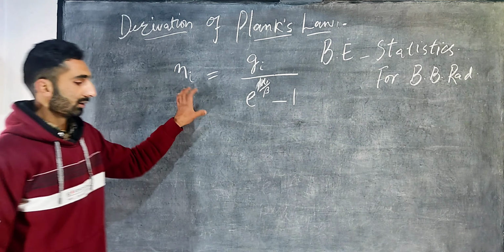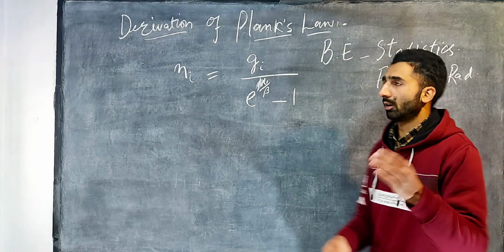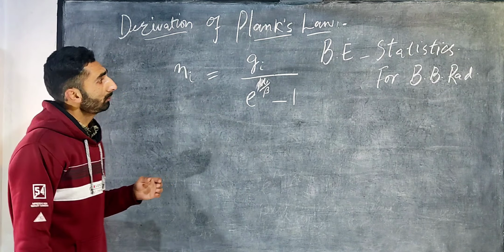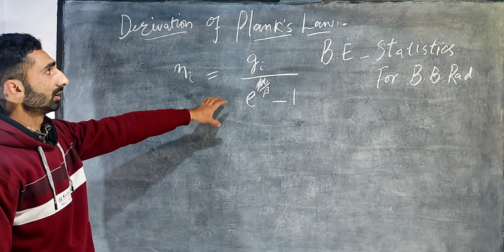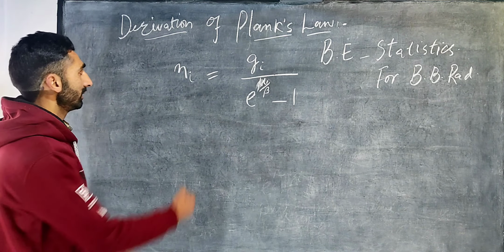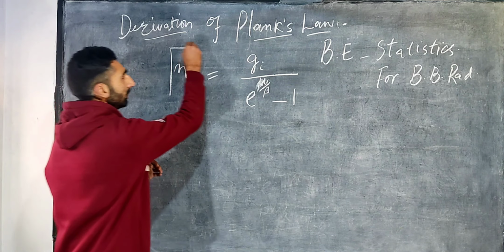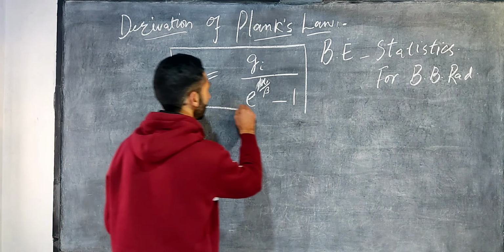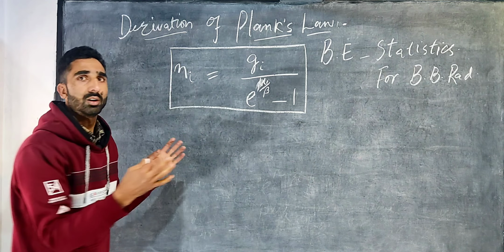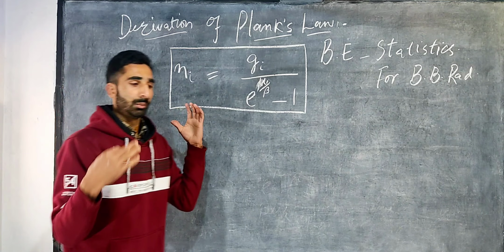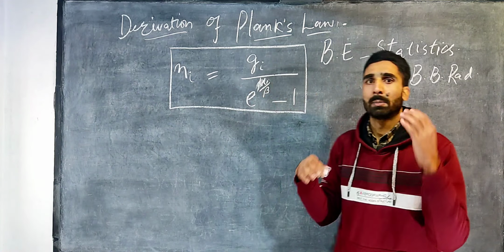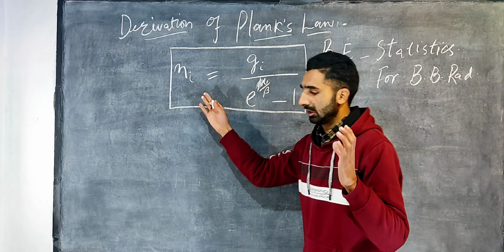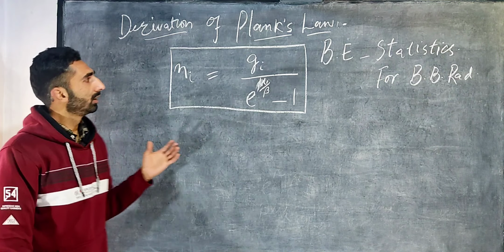This was the formula derived in the last lecture, as you can check out in that very lecture also. This is the basic formula from which Planck started. This formula is the Bose-Einstein statistical formula, which says that for any photon gas, the number of particles present inside a specific energy state at any instant can be given by this very formula.